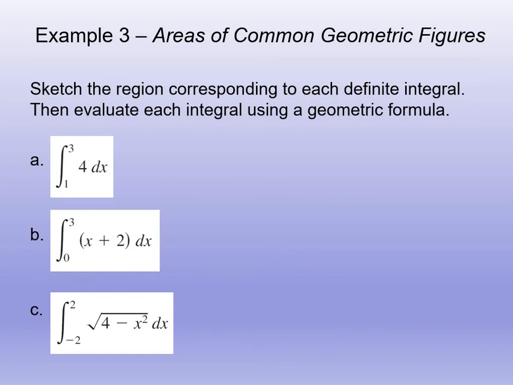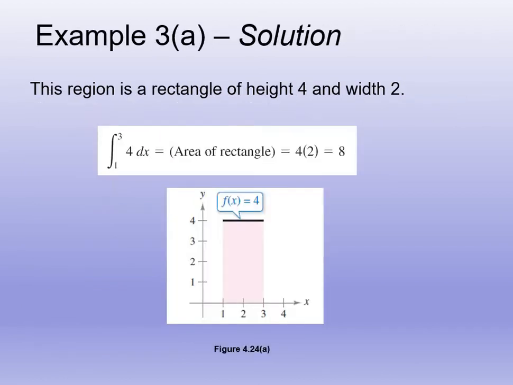These are distinct shapes whose areas you've been calculating most of your math career. If we sketch out the integral, you're going to see how it defines specific shapes. We're going to go through examples A, B, and C, draw the shape each creates, and then find the area that way.